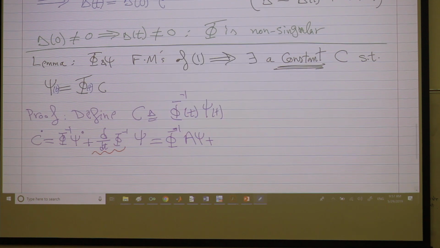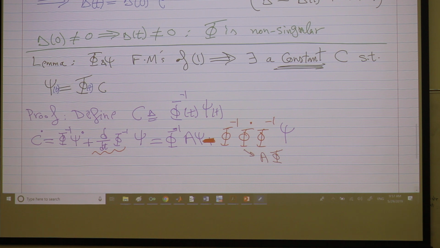This guy is just negative phi inverse, phi dot, phi inverse, times epsilon. And again, phi dot is just A times phi, right?